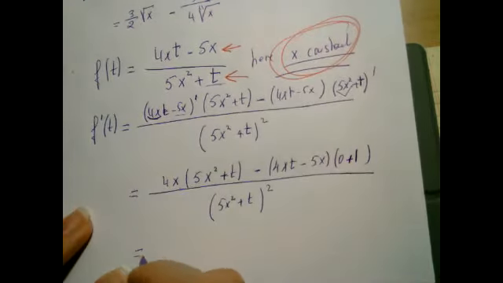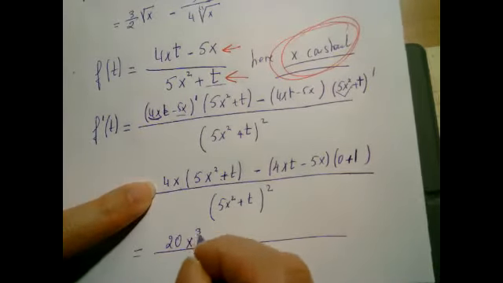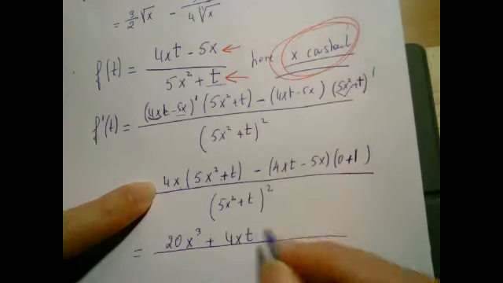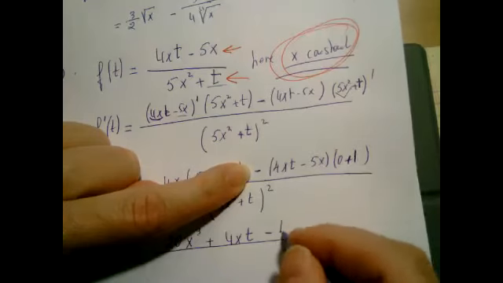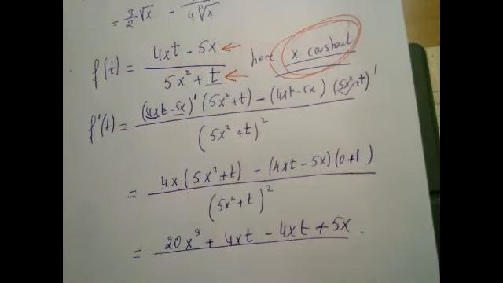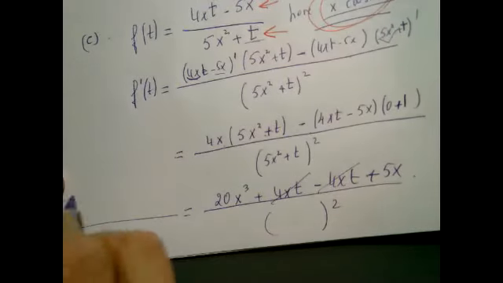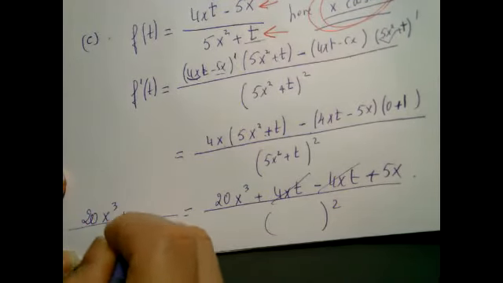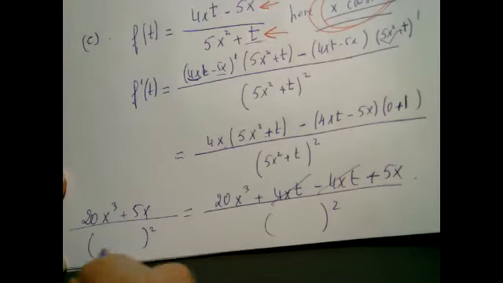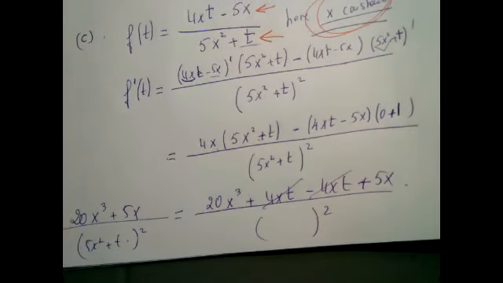The rest is algebra, so I distribute: 20x cubed plus 4xt, minus, be careful when you distribute the minus, a lot of you messed up here, 4xt plus 5x, all over the denominator squared. This gives 20x cubed plus 5x over the denominator squared. Don't let the variable get to you. Always ask what's constant and what is variable. In this problem, t is my variable and x is a constant.